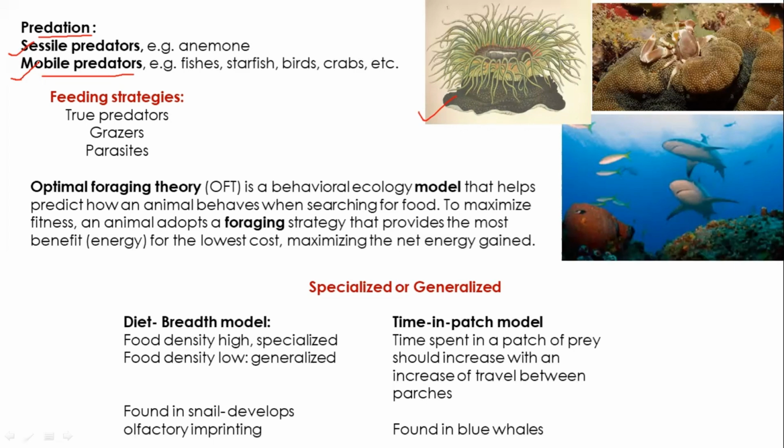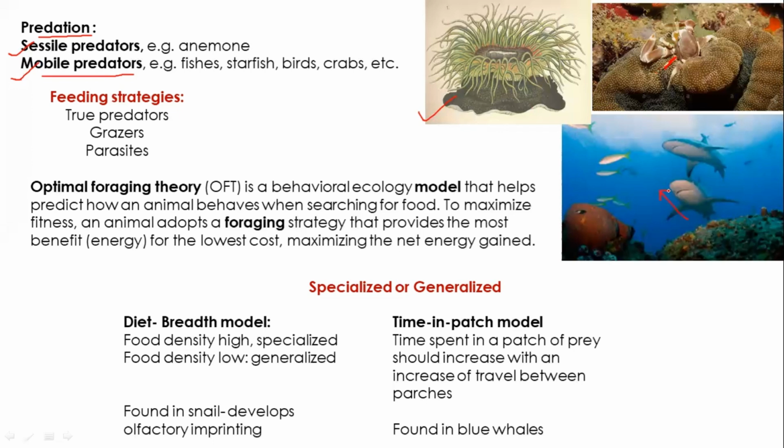You can see one example here in the image: a sea anemone eating a crab. Anything coming near these predators fixed at one place, they will feed on it. This feeding is done by the sessile predators.